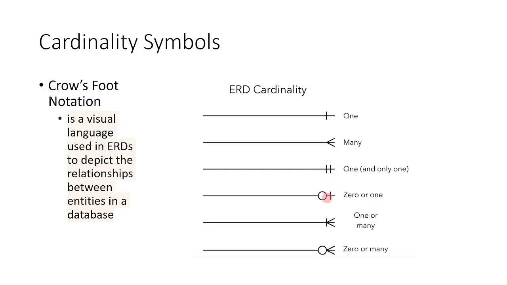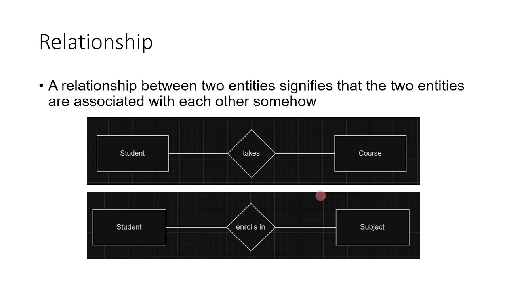Then zero or one. It is possible that the relationship could be zero or one. We also have zero or many. Maybe a student could belong to a course, although it is impossible, but the student doesn't have a subject yet, so that could be zero or many. But again, it is not applicable here.